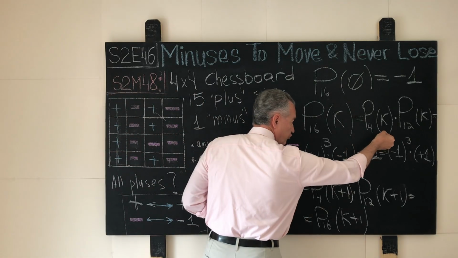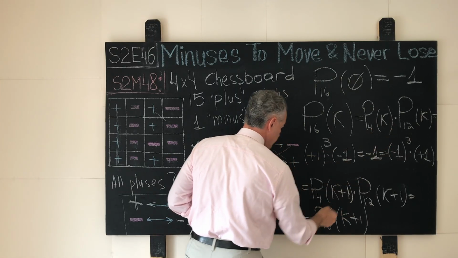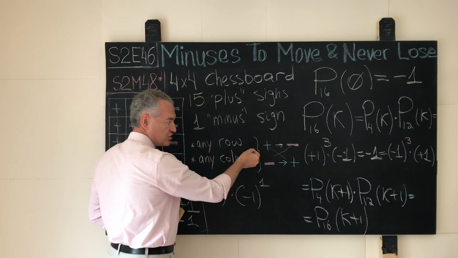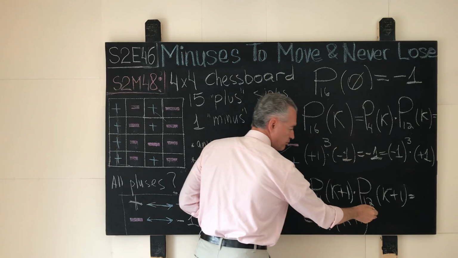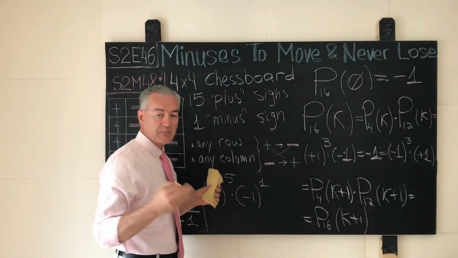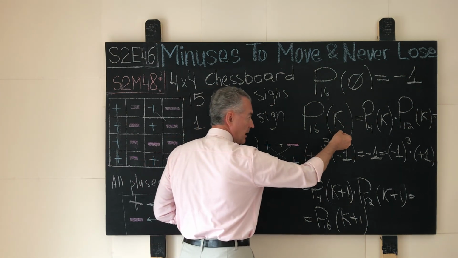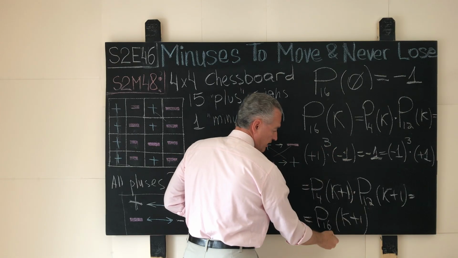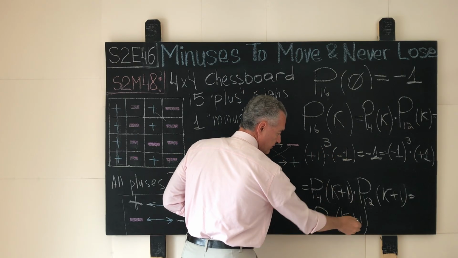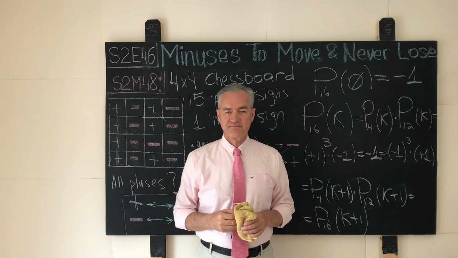The product of 4 numbers survives the transition from k to k plus 1, which means that it survives the transition according to the rule described over here. And the product of the remaining 12 numbers remains unchanged because we did not touch these numbers. Again, we prove that the value of the product of all the numbers on the board at the time k and at the time k plus 1 remains what? Remains invariant.